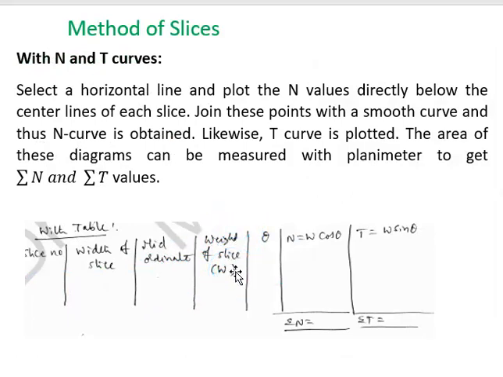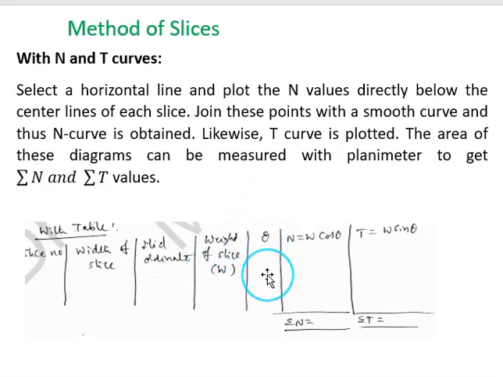Weight of slice equals volume of slice multiplied by unit weight of soil. So how to find the volume of slice? For that we have to multiply the width with mid-ordinate, and we can take the unit thickness. Then we multiply with the unit weight of soil to get the weight of slice.